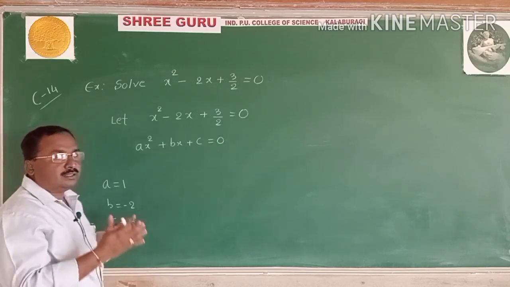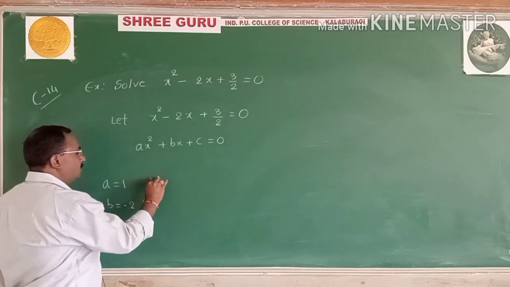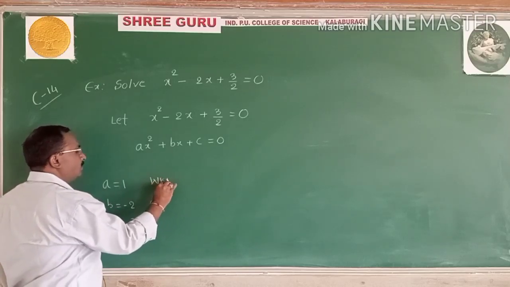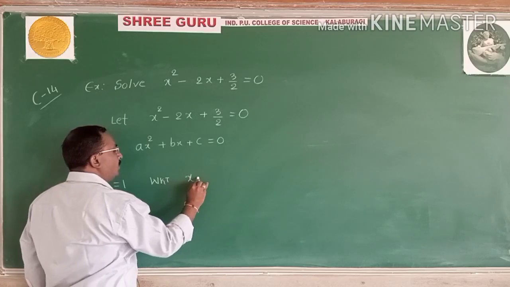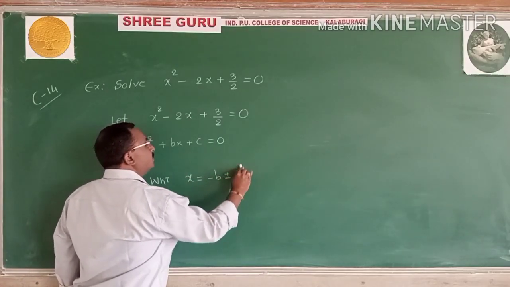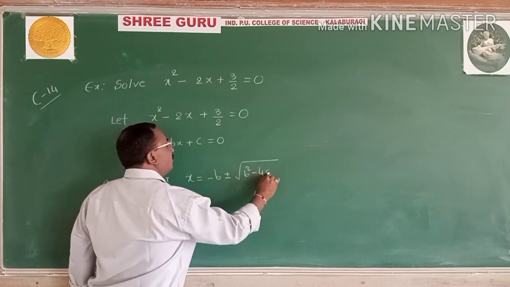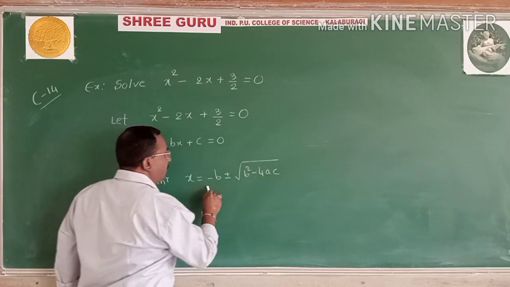To find the values or roots, we know the formula: x is equal to minus b plus or minus square root of b square minus 4ac, divided by 2a.